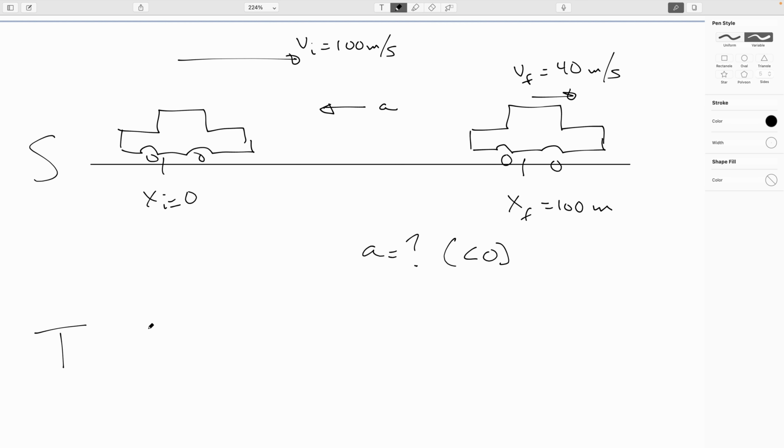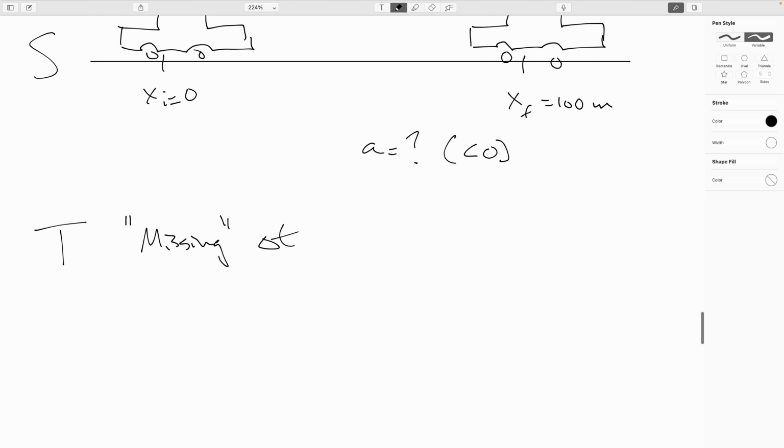All right, so now we need to figure out what tools we're using. Again, we were told that this was a uniform acceleration, so we can go ahead and use the gang of 4, and we need to figure out which one. Here, the variable that's neither asked for nor given is the time. So we are missing delta t. In that case, we will use v final squared equals v initial squared plus 2a times x final minus x initial.